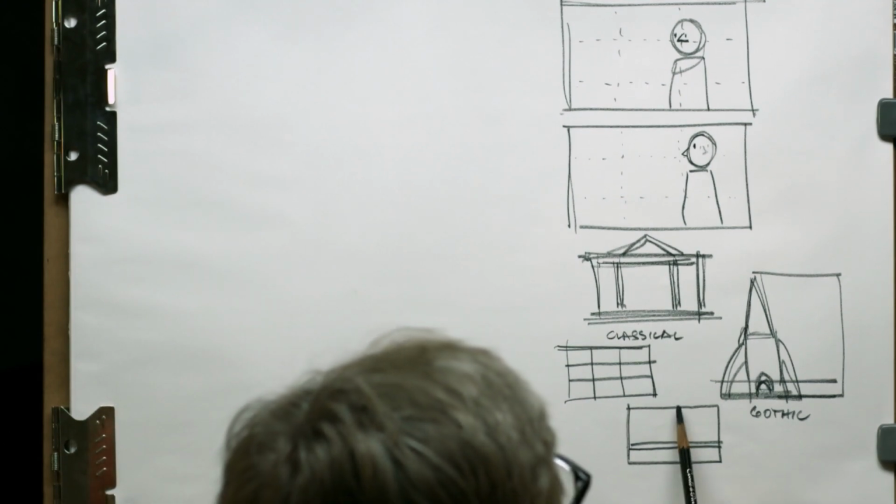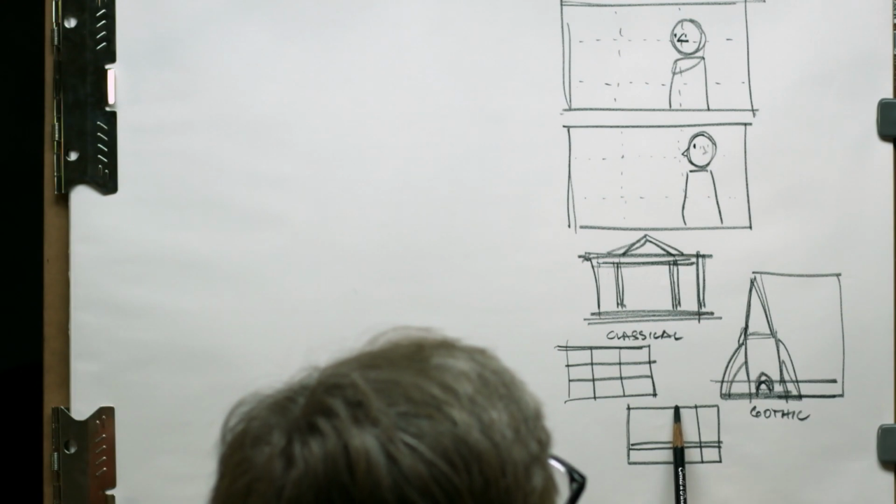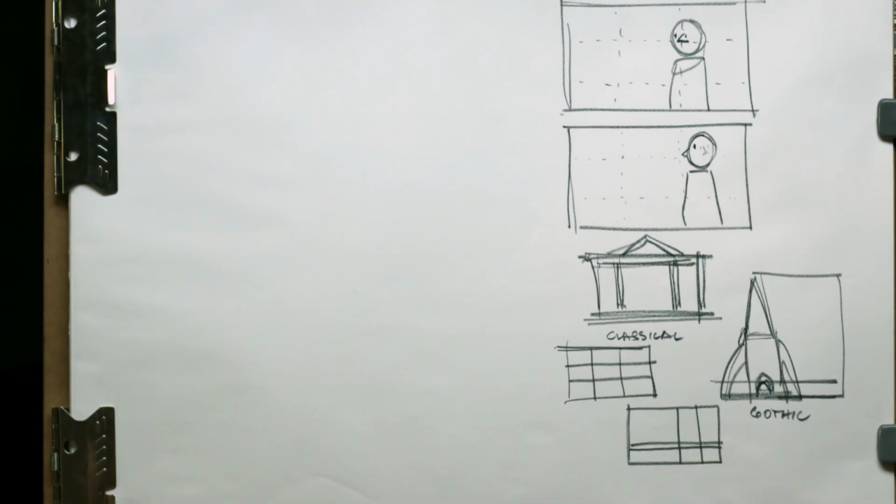Okay? I've got thirds here, and I've got thirds here. I've got thirds here and thirds there. You see how this feels a little bit more stable and flat and grid-like? This one's a little bit more dynamic, okay?